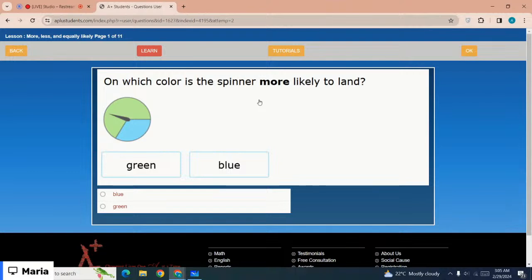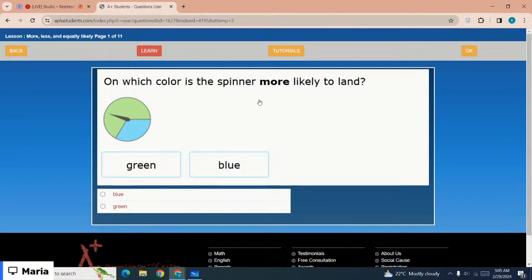On which color is the spinner more likely to land? Which is the correct option? Look at the spinner carefully. The spinner has two portions, green and blue. More of the spinner is green than blue. Green has more portion than blue.